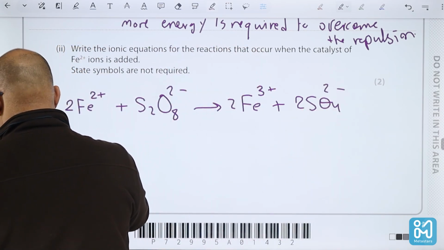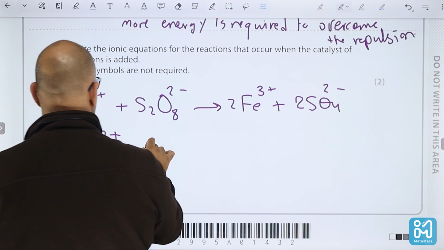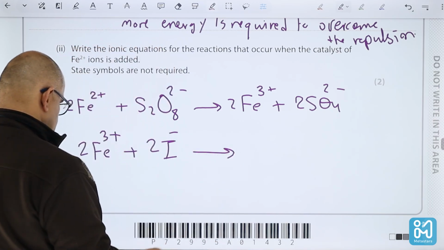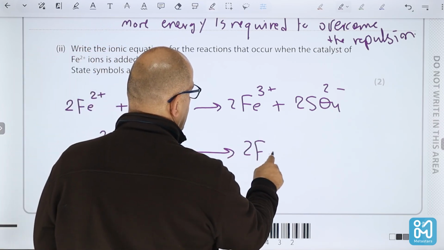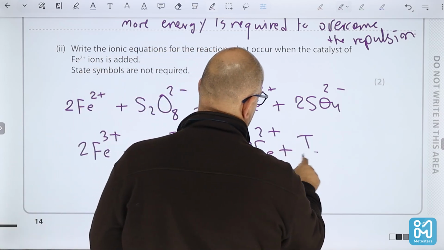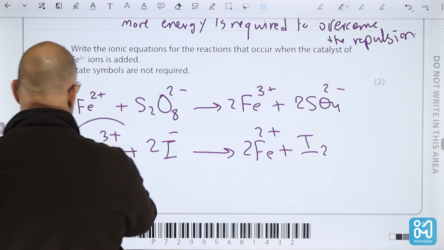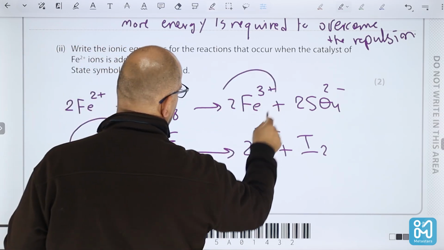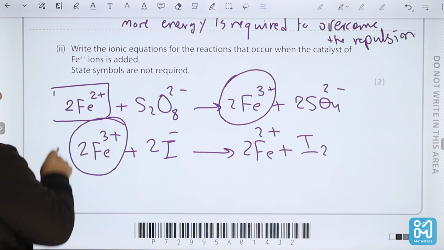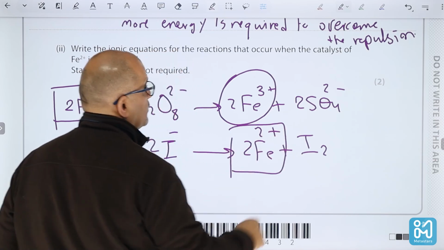And you will see that 2Fe positive 3 plus the second reagent, which is 2I minus, gives us 2Fe positive 2 plus the second product, which is this. As you can see there, the iron positive 3 is an intermediate. That's why we started with this one and finished with the other.